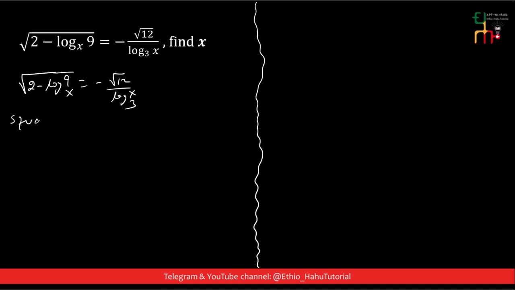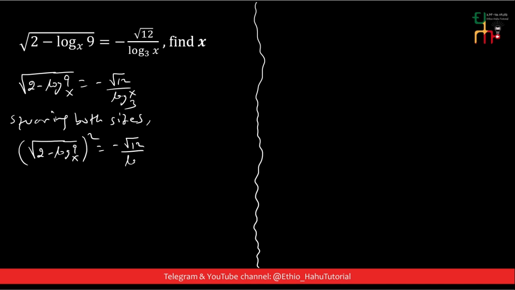Squaring both sides, the square root of 2 minus logarithm of 9 to the base x, squared, is equal to minus radical 12 over logarithm of x to the base 3, squared.